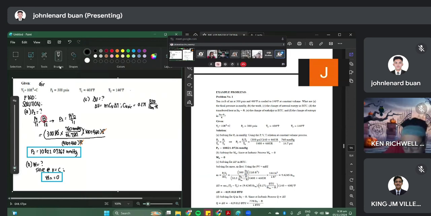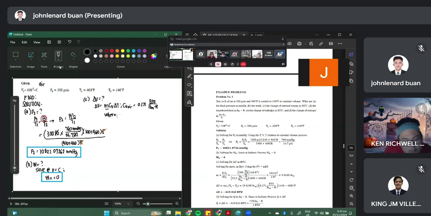Okay? But unfortunately, wala pa tayong mass po. Therefore, we're going to obtain the value of mass, where m can be obtained using the equation PV is equal to mRT. Since we have here given na pressure 1, volume 1, we also have the value of T1. And then ang R po, R for air is 53.3 pound force feet over pound mass Rankine.